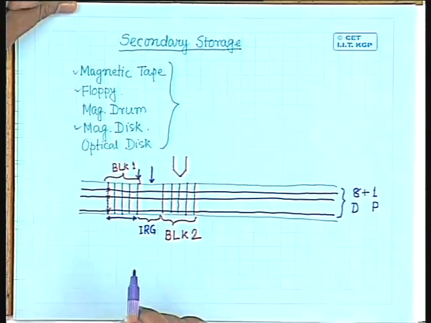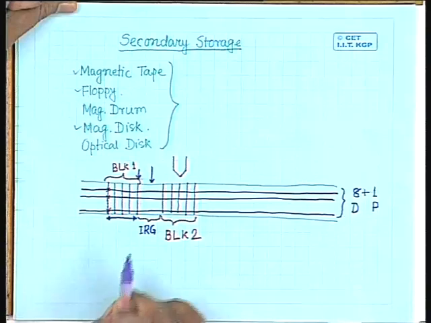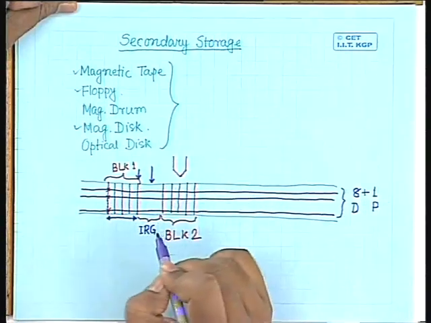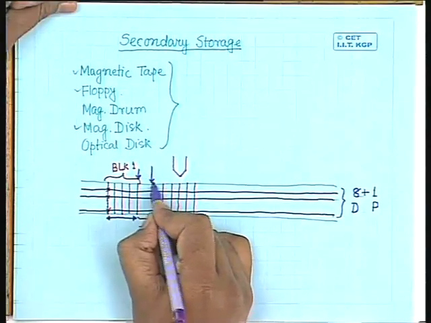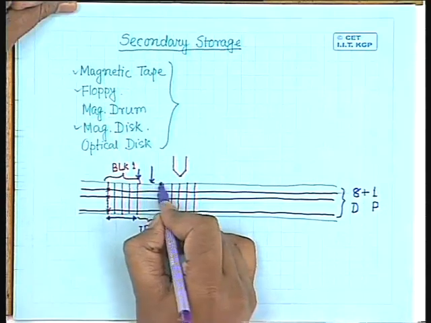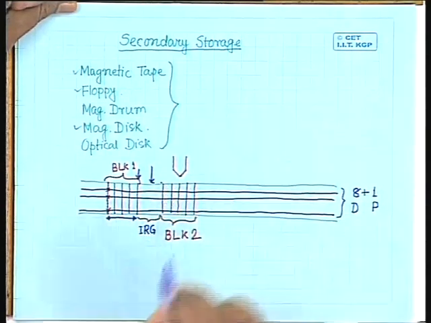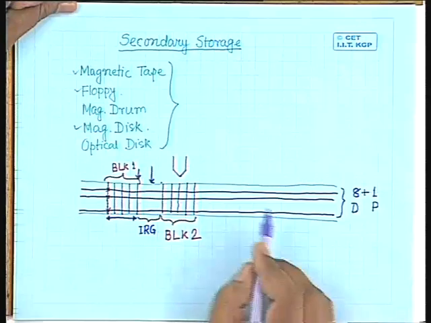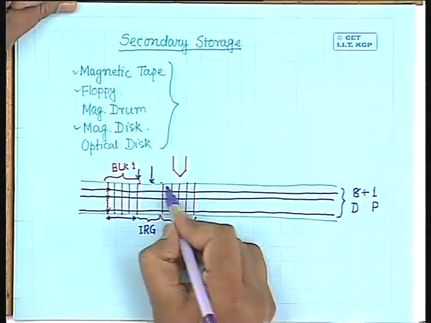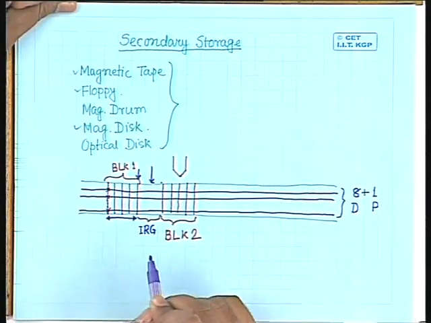Again, it will take some time to attain the specified speed before the read-write head can read from the tape. So you have to allow certain space, so that during the time this space passes over the read-write head, the tape will attain that constant speed. Okay. So the read-write head will be ready to read the next block from the tape.